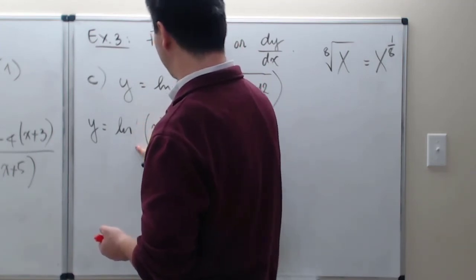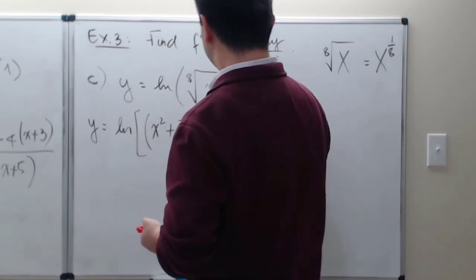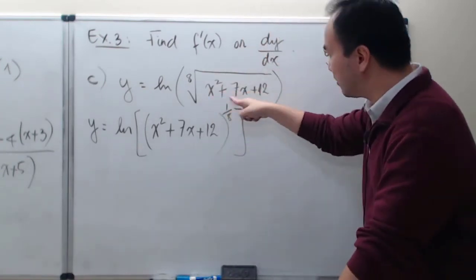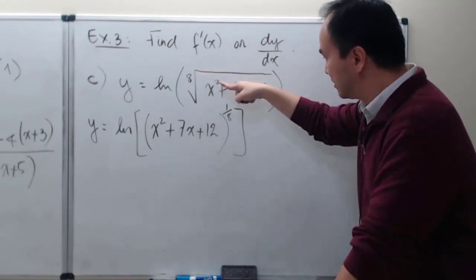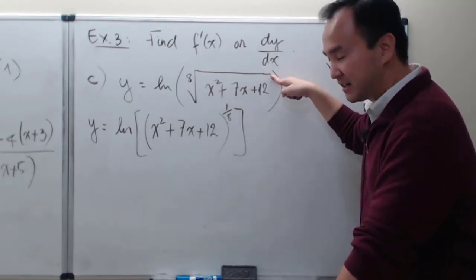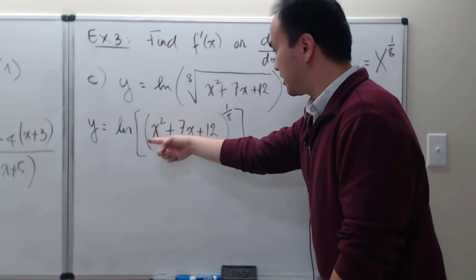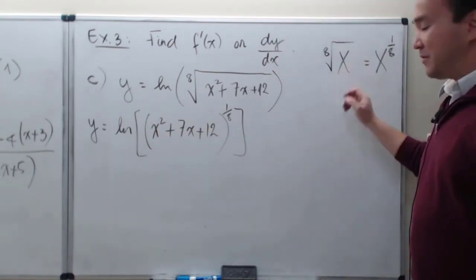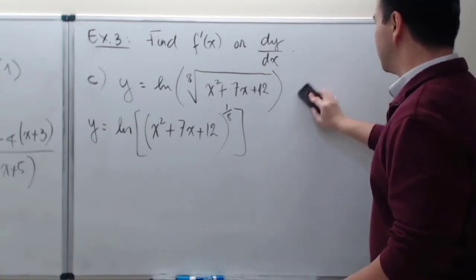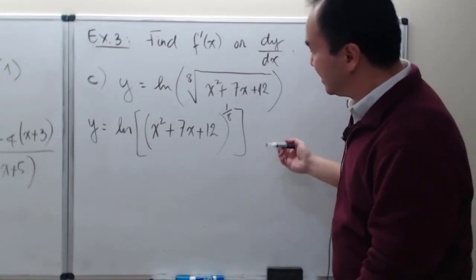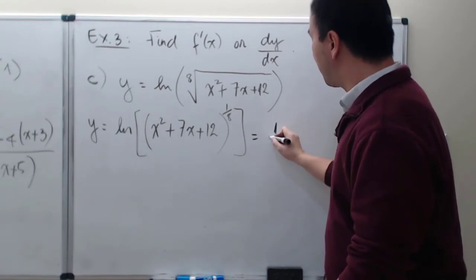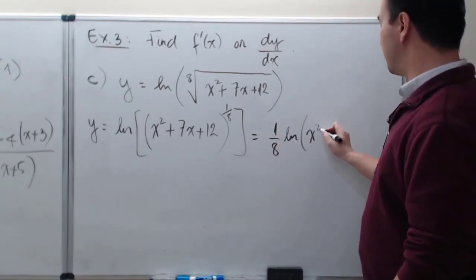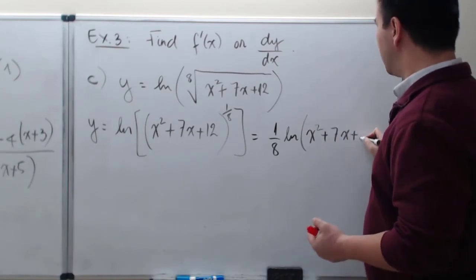Now I successfully display the power nature, because the entire expression x squared plus 7x plus 12 that is trapped inside the 8th root is now the expression raised to the 1/8 power. And now with that property, the property on logarithm of a power, I can go ahead and bring the 1/8 in front and rewrite my expression as 1/8 ln of x squared plus 7x plus 12.